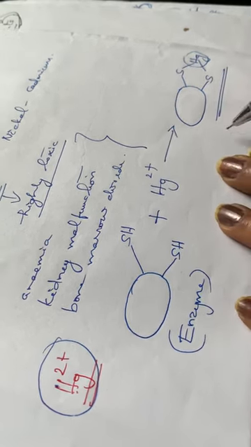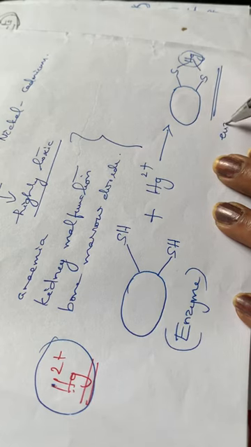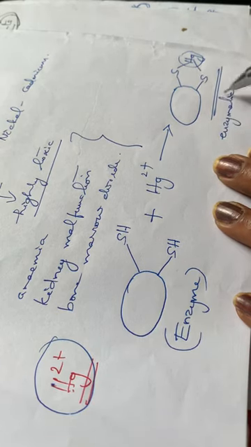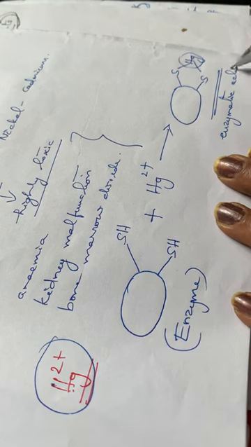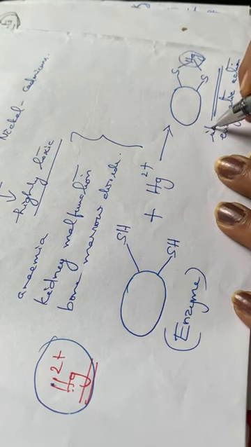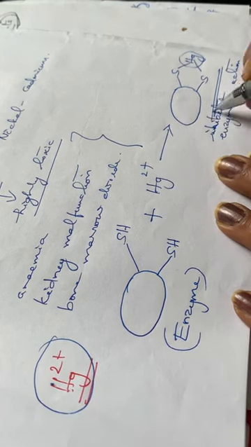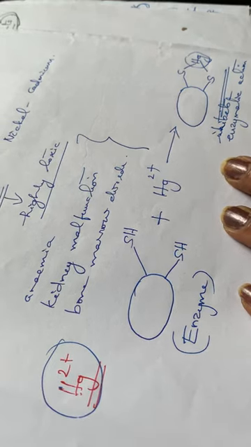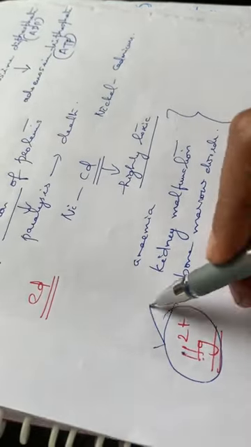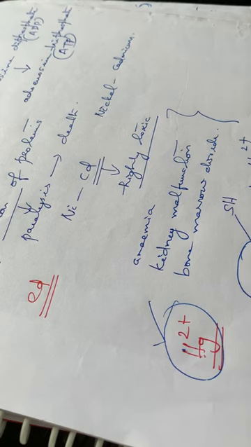By forming this compound, it inhibits the enzymatic action. So this is another inorganic compound which is harmfully affecting human beings as well as other living organisms. So mainly these you have to study: lead, arsenic, cadmium, then mercury.